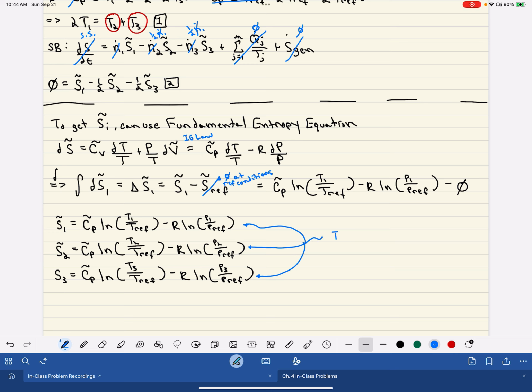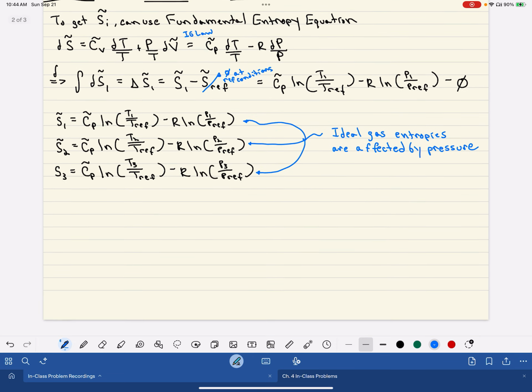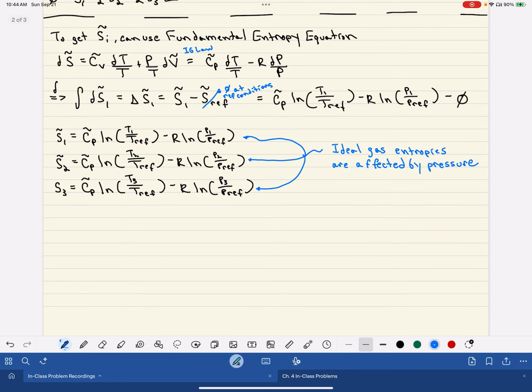So one thing I want to emphasize is that the ideal gas entropies are affected by pressure. And that's going to play an important role coming up. All right. So we have functional forms for all our entropies.